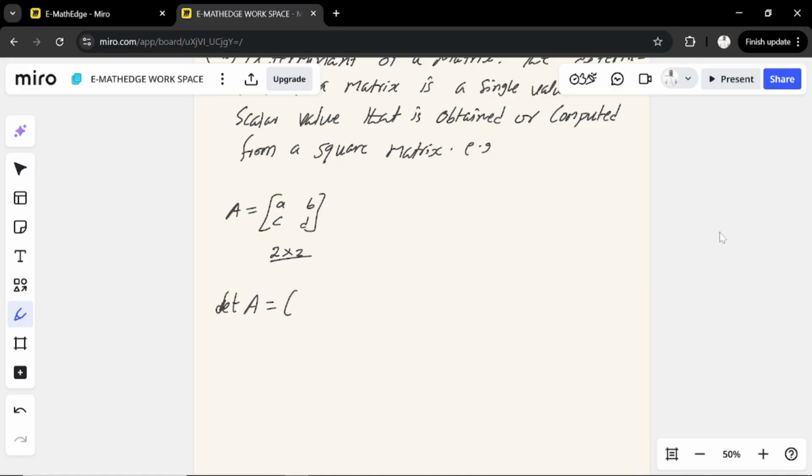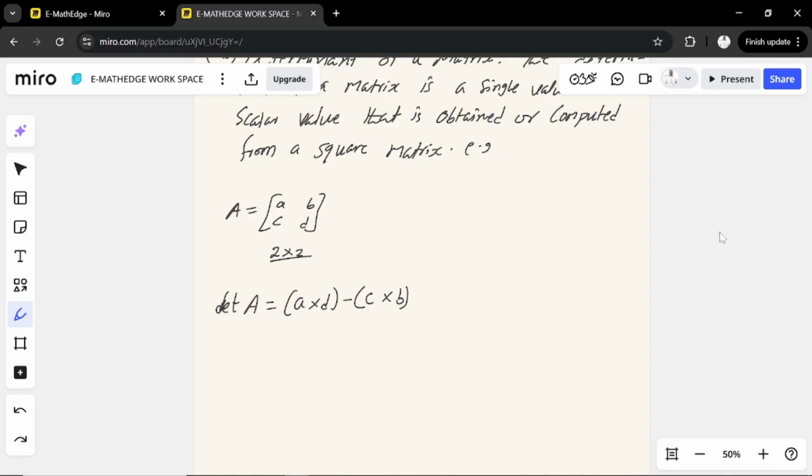So let's have it to be a multiplied by d, which forms the main diagonal, minus c multiplied by b, which forms the other diagonal that is perpendicular to the main diagonal. By doing so, we are going to have our single scalar value.